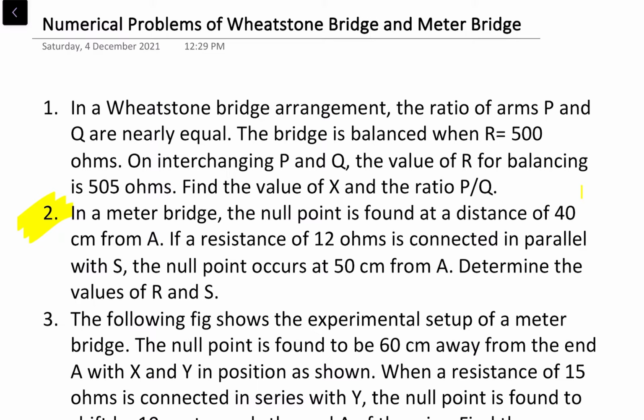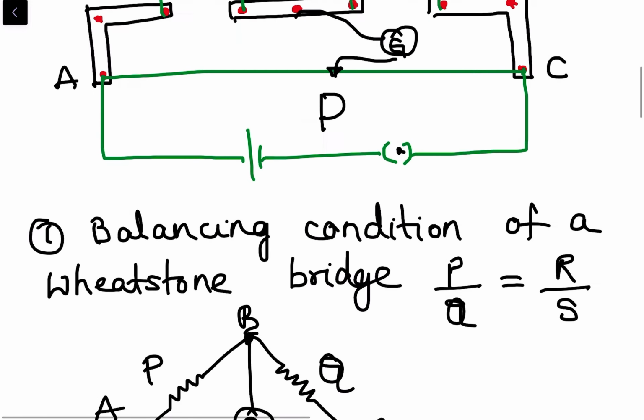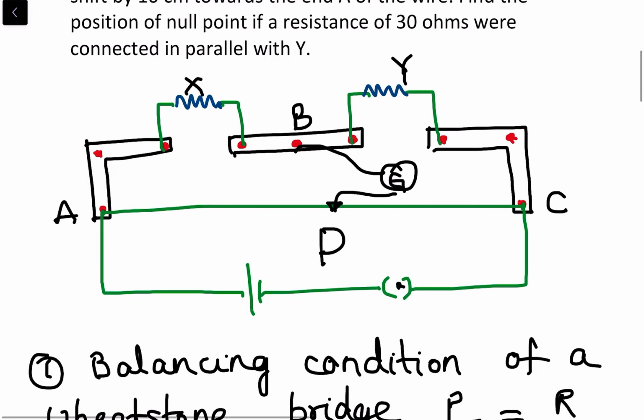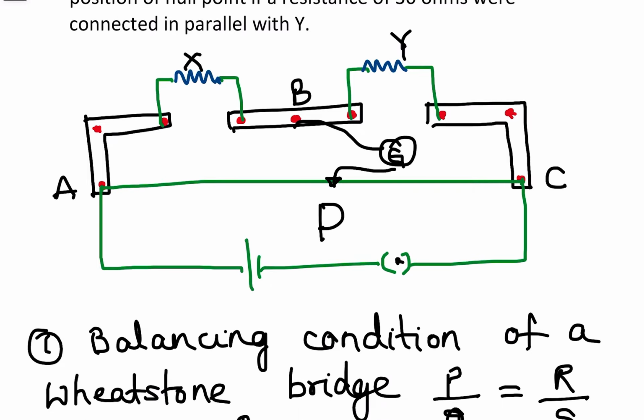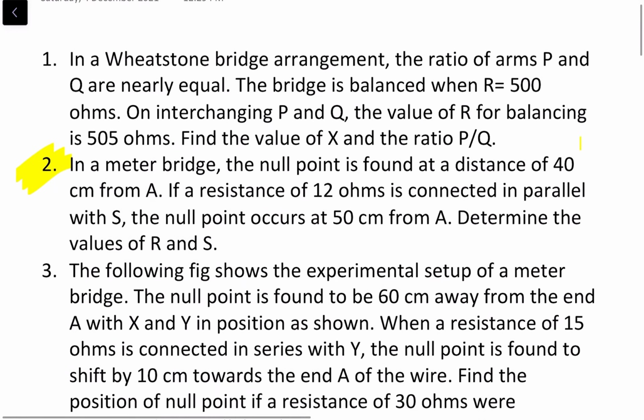So let's start our problem. This is the meter bridge, you can see here. This is A and this is C. From A, first time they got a null point at 40, let me go back to the problem.